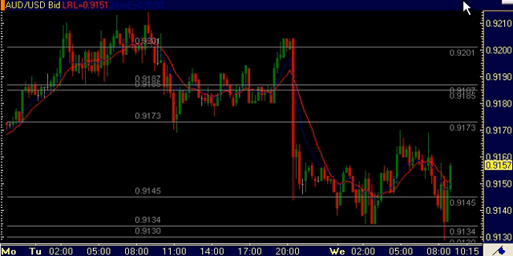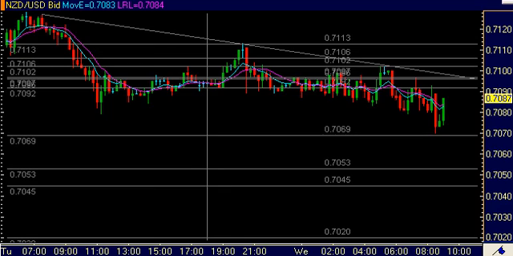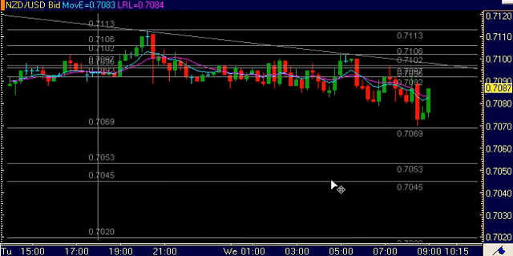All right, let's take a look at the Kiwi. Kiwi was a pain. It kept waking me up all night with alerts over and over again, because I kept getting a close below this level here. So I just turned it off and said, forget it, I don't want to be bothered.